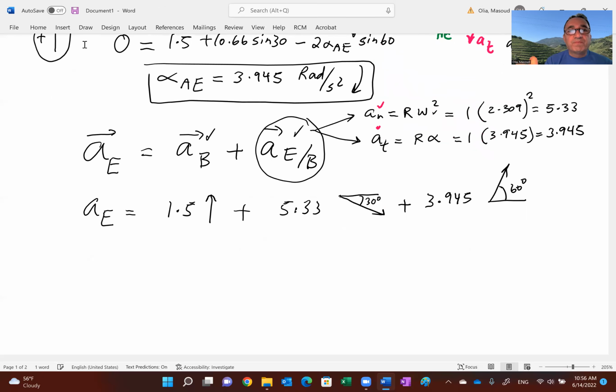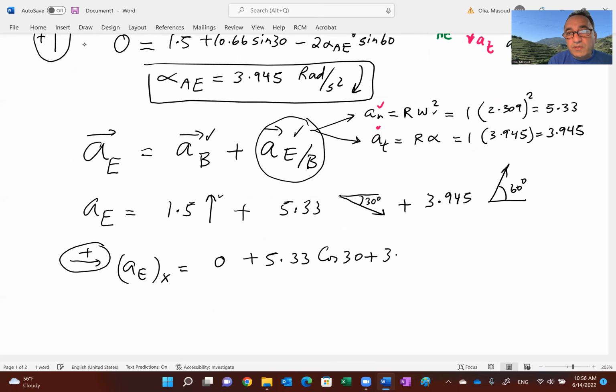So now go ahead, guys. Everything is known now. Look at the X component of acceleration of E. What do we have? 0 from this guy, 5.33 cosine 30, 3.945 cosine 60. If you calculate this, looks like the X component becomes 6.59 feet per second squared.